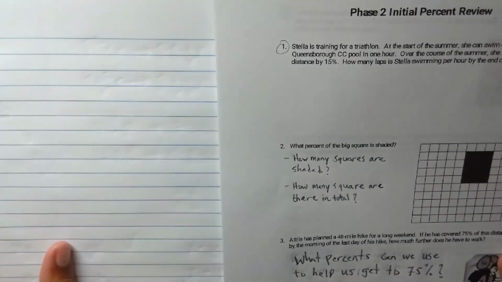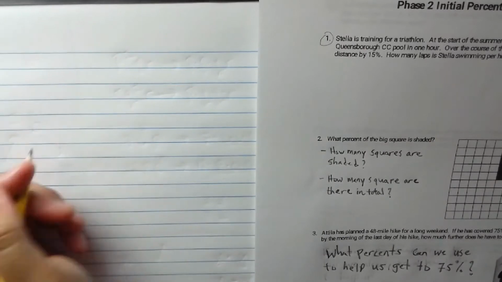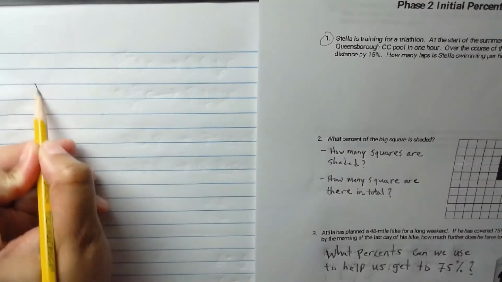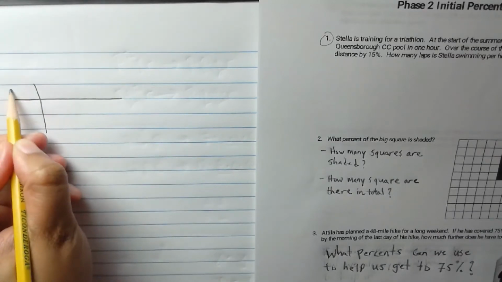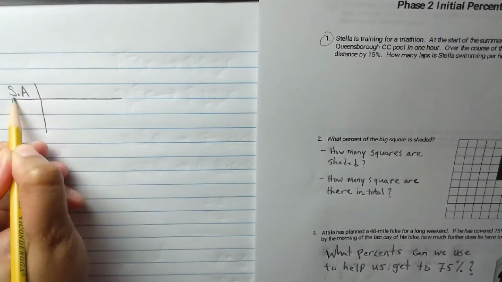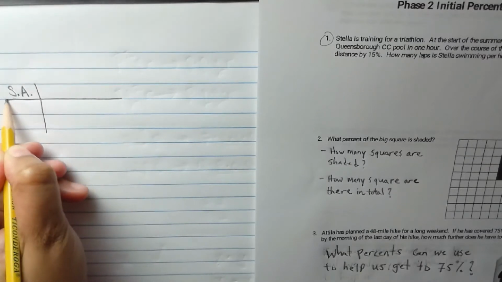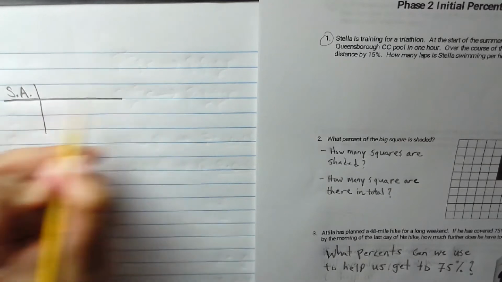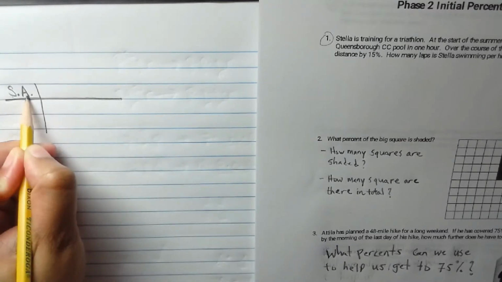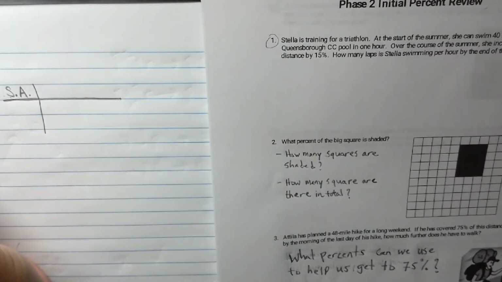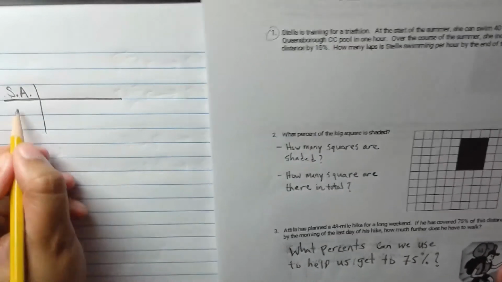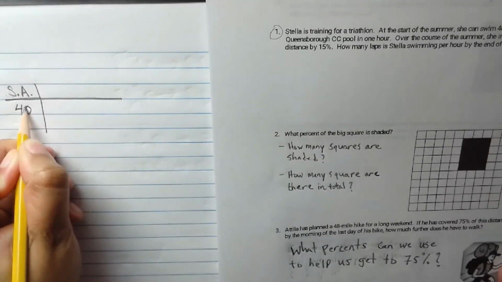Okay, so in the benchmark method, we typically start off with a table. So I'm making a table, and in that table we start off with the starting amount. So I'm writing SA as we've done in the past. S is the starting, A is amount, so starting amount. Okay, so according to this question, at the start of the summer she can swim 40 laps. So the starting amount would be 40.